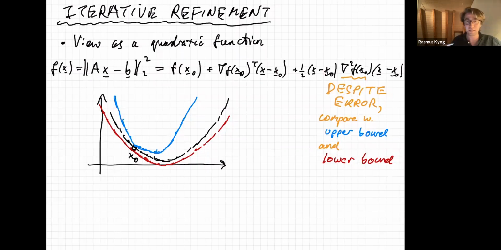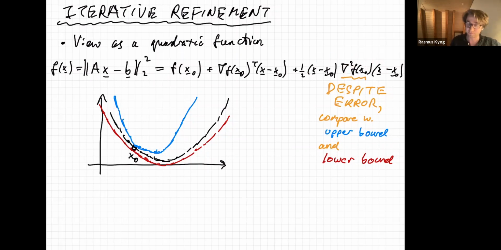And now what happens is that despite us having error in solving the linear equation, if we at least have the right notion of error, then the errors that we make will correspond to making this whole number either a bit too large, or a bit too small.